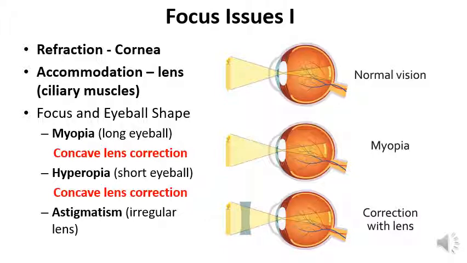Myopia is sometimes also referred to as nearsightedness, and it's generally a consequence of having an eyeball that's a little bit too long. So what we need to do is take that focal point and move it further into the distance. In order to do that, I need a concave lens.